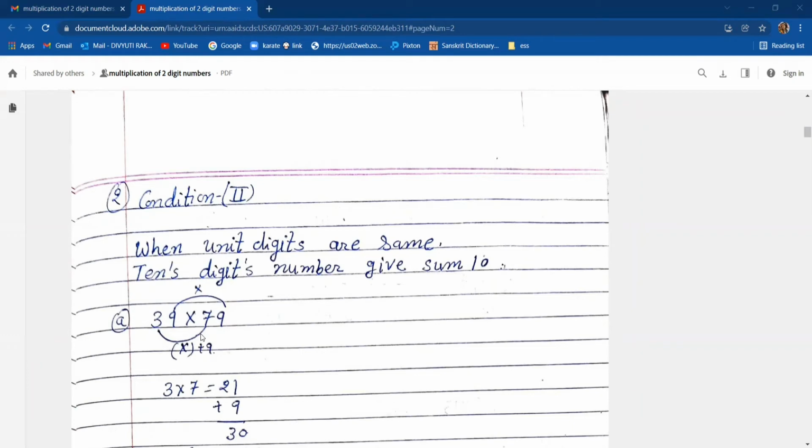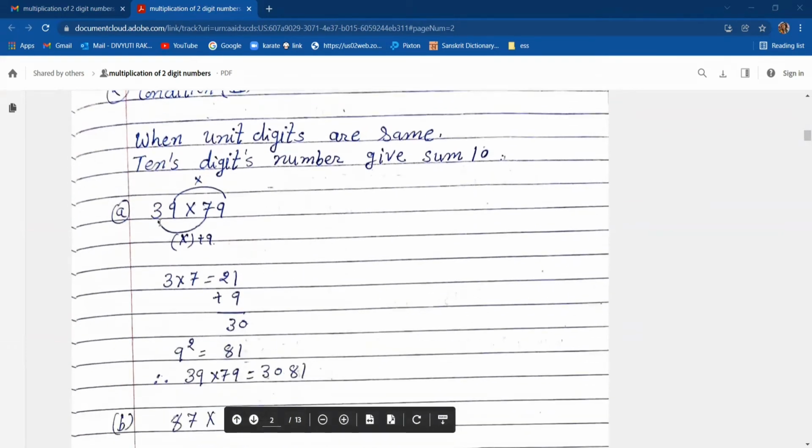This is also a somewhat similar method. Now condition 2. Here the unit digits are the same and the tens digits give you 10. You can see that the unit digit 9 is the same and 7 plus 3 will give you 10.